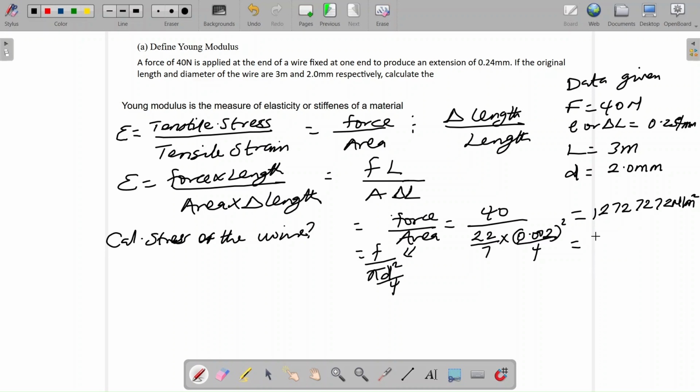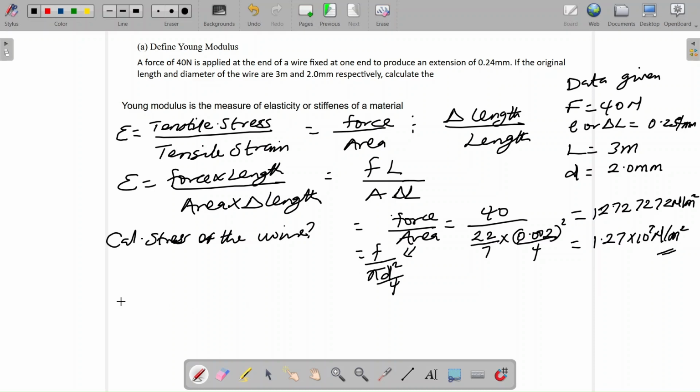So if you want to convert it to standard form, you can write 1.27 times 10 raised to power 7, because from here 1 2 3 4 5 6 7, times 10 raised to power 7 Newton per meter squared. You can leave it in any of these forms.